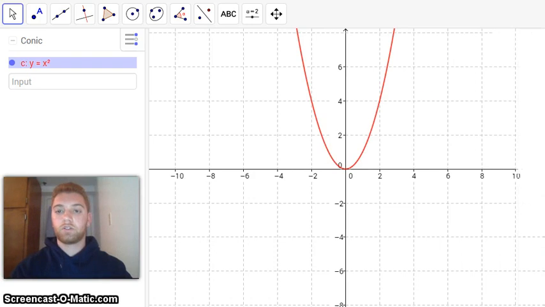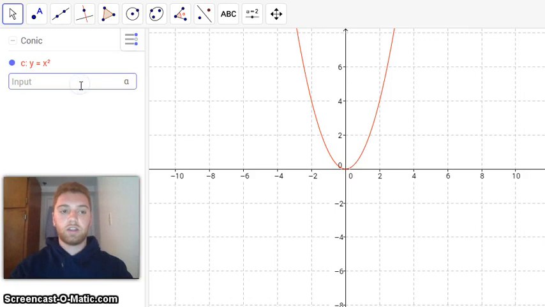Alright, so now what we want to do here is show it's the same thing. You could go y equals x squared plus 2.